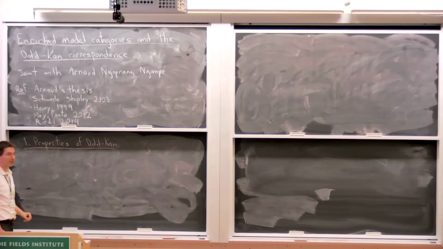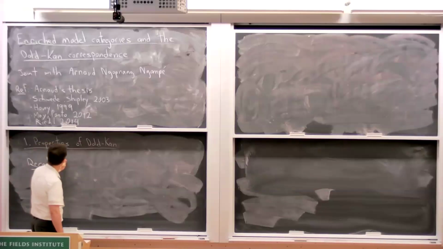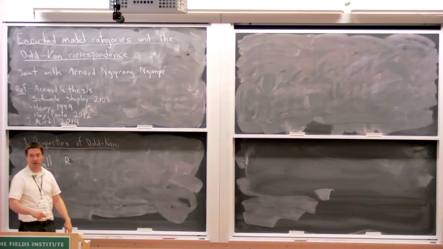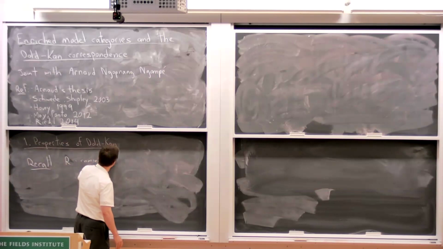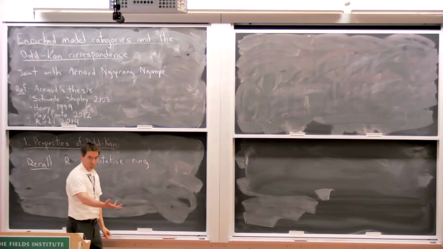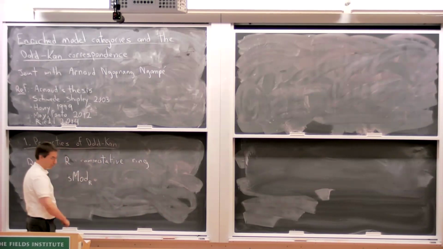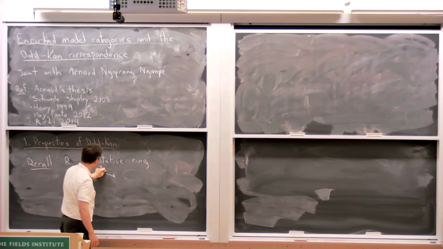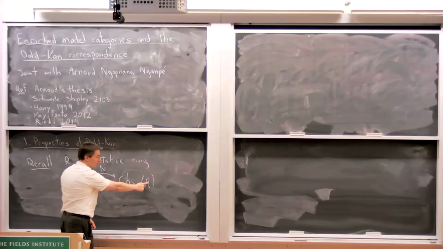Let's recall some very classical facts about the Dold-Kan correspondence. How does that go? Well, if I give you a simplicial module, just to simplify things, let's say R is a commutative ring for today. A bit more general, but that's enough for our purposes. You take a simplicial R-module. You can normalize your simplicial module. It's the normalization functor, and it gives you a non-negatively graded chain complex of R-modules.